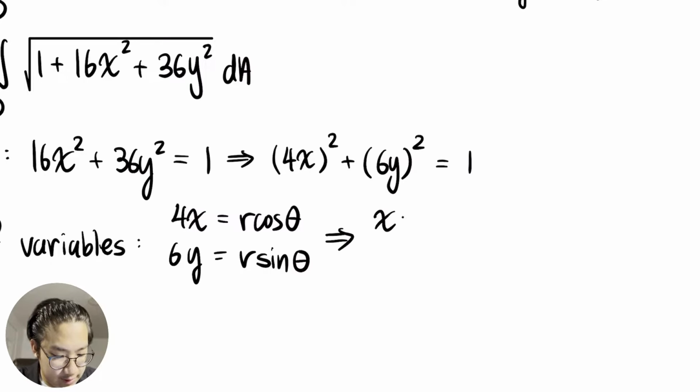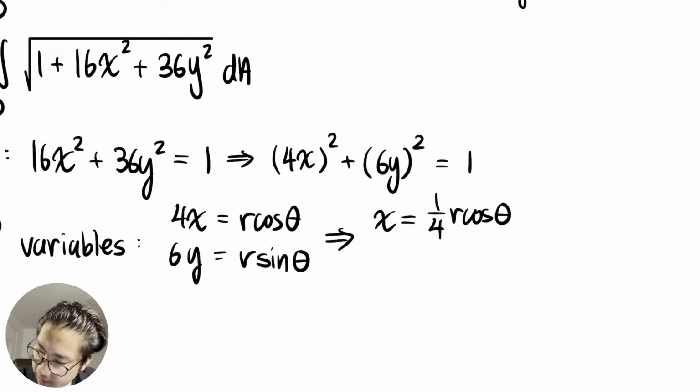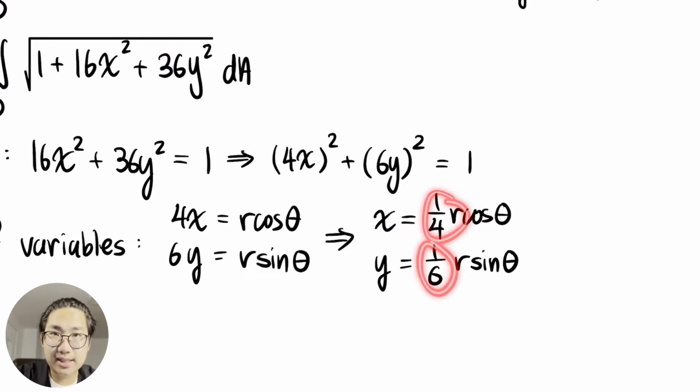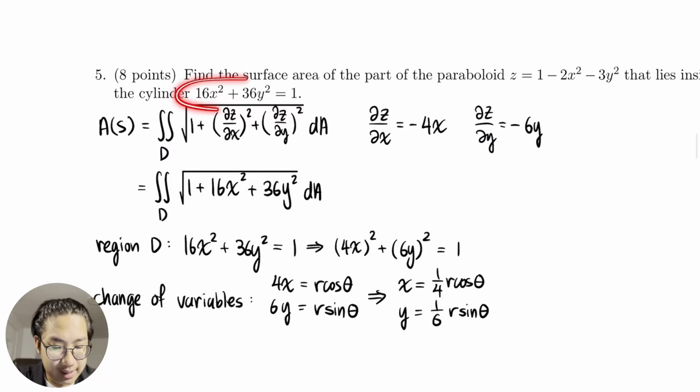So we know that x is equal to 1 over 4 r cos theta, and then y is equal to 1 over 6 r sin theta. So the fact that we have this 1 over 4 and 1 over 6 doesn't really change too much in terms of how we're representing this.